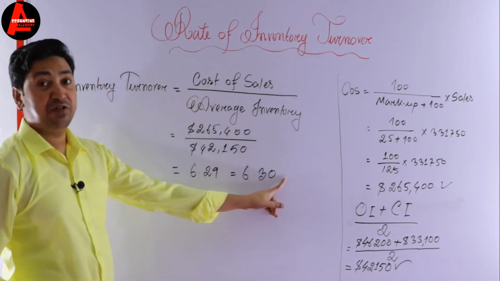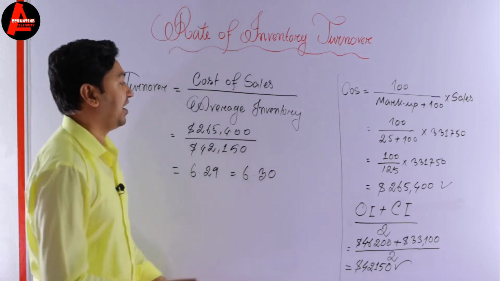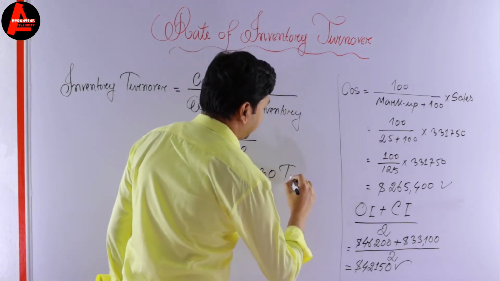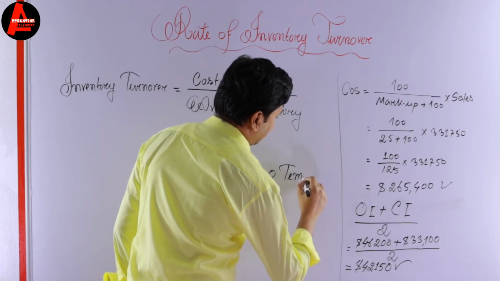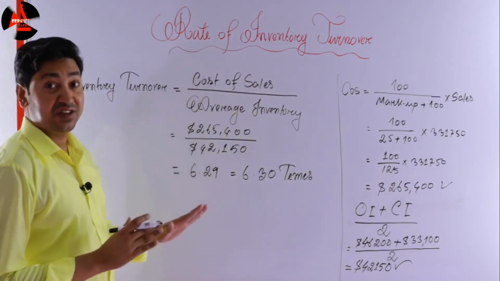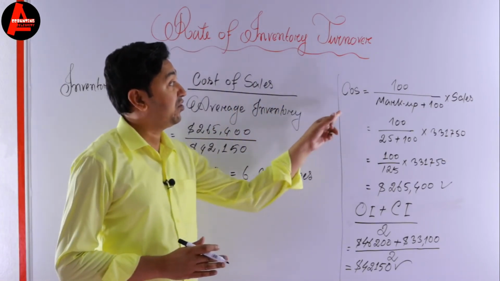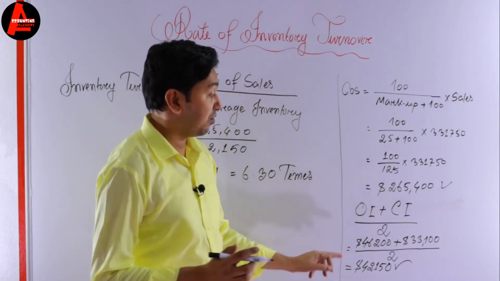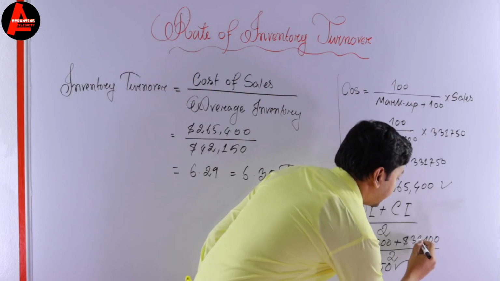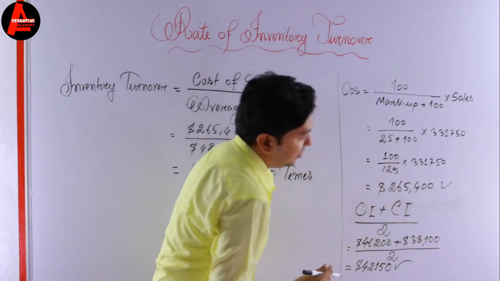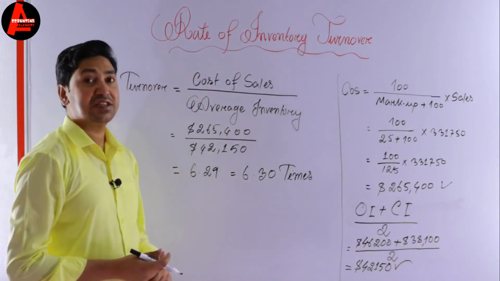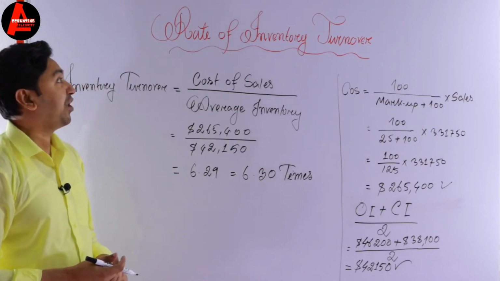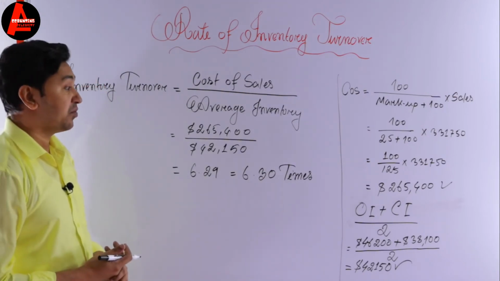What is the unit here? It is times. This is a very simple calculation if you know how to calculate cost of sales and the average inventory. Oops, the closing inventory is 38,100. This is how you have to calculate rate of inventory turnover.